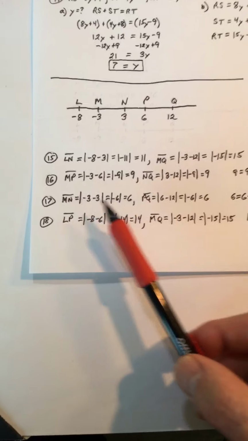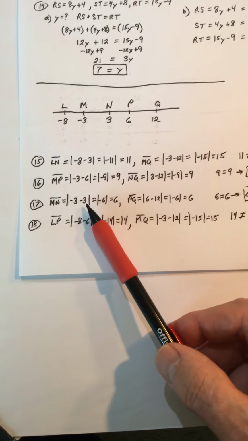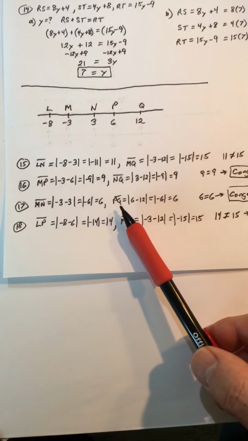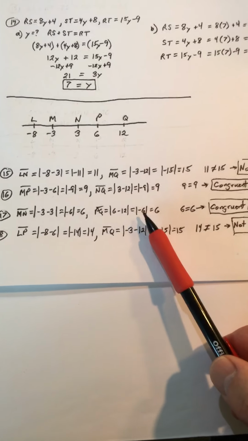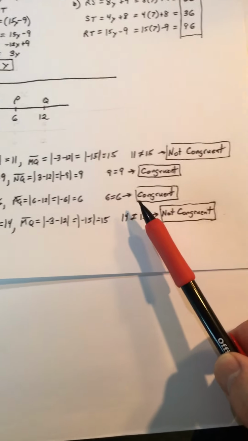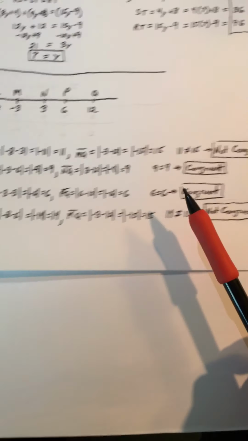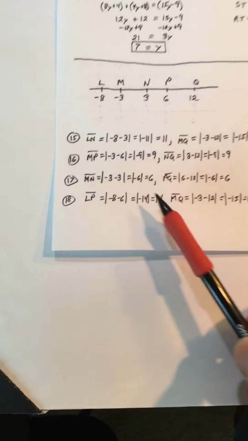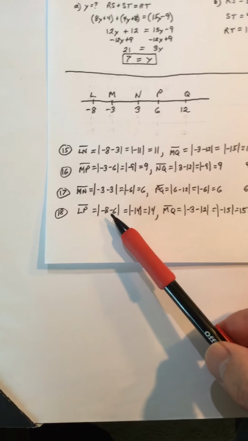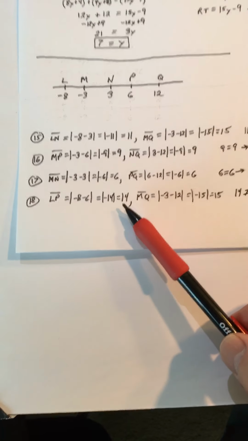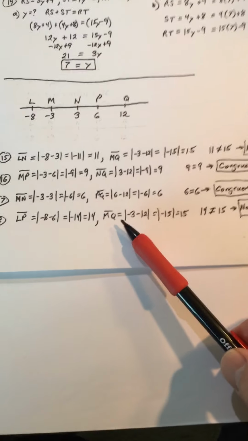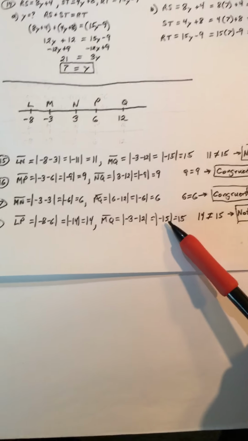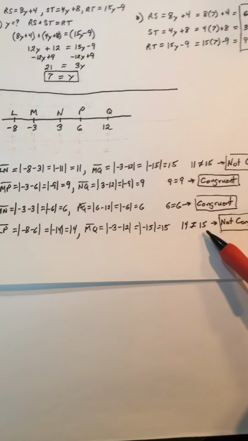MN and PQ, MN is -3 minus 3, which is an absolute value of 6. PQ, 6 minus 12, again, absolute value of 6. So those two segments are congruent. LP and MQ. LP is -8 minus 6, which is 14. MQ is -3 minus 12, which is 15. 14 does not equal 15.